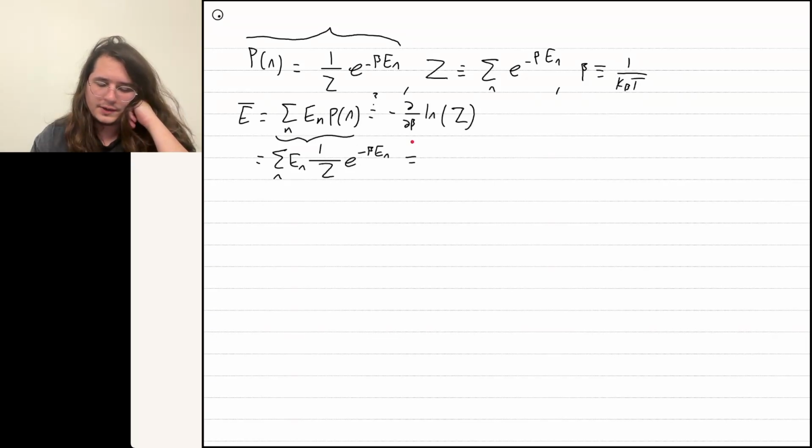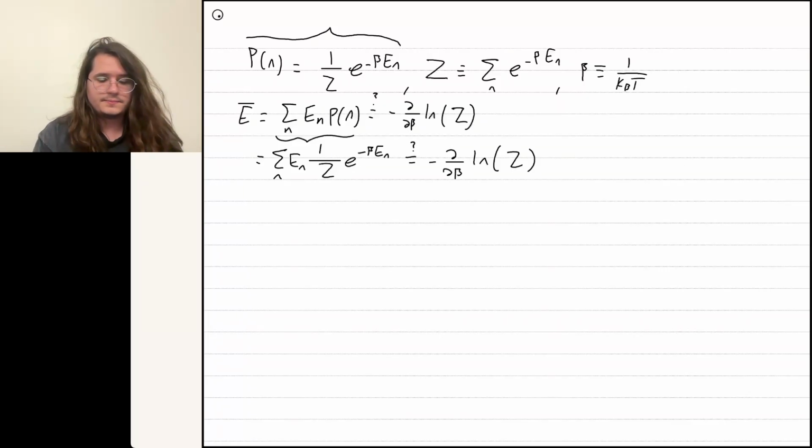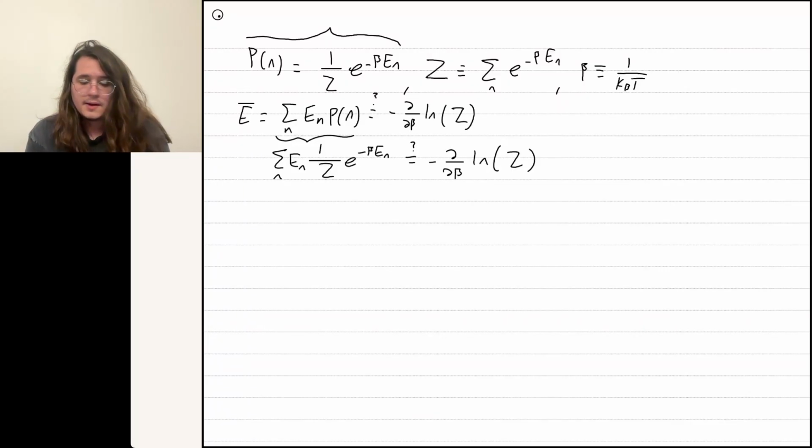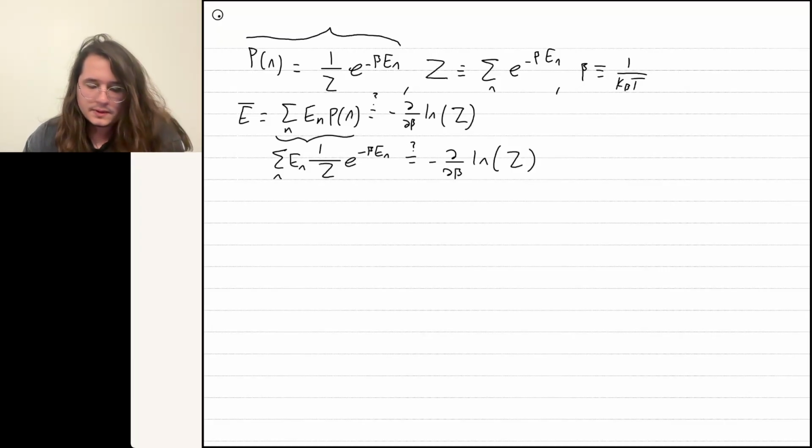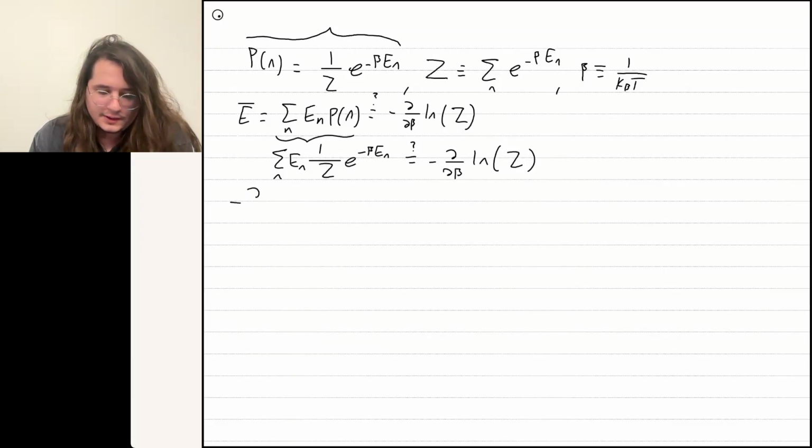What we're going to prove is that the derivative with respect to beta of the natural log of the partition function equals the left-hand side of that little question mark equal sign. So just evaluating the derivative then, it's the derivative of the natural log of the sum on n of e to the minus beta E sub n.